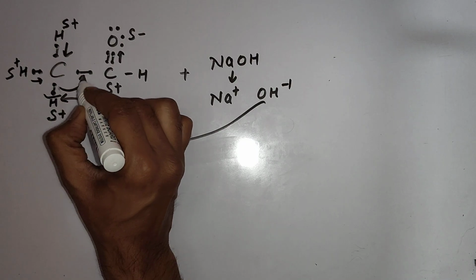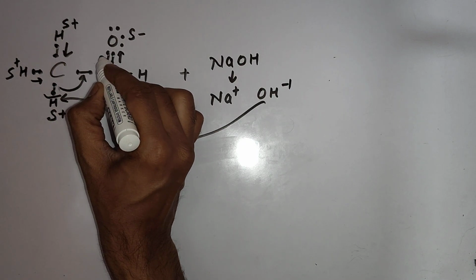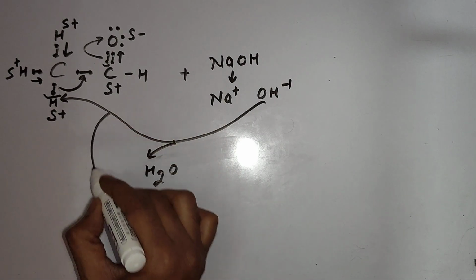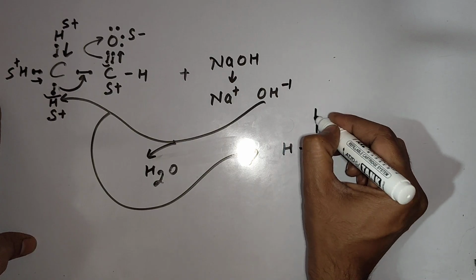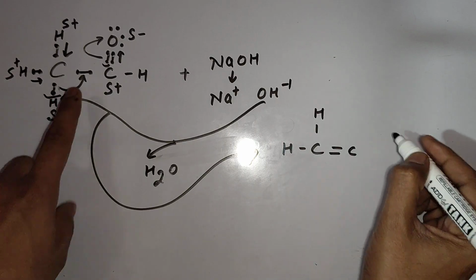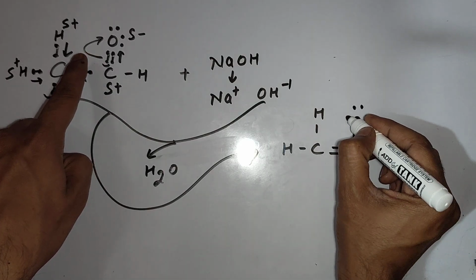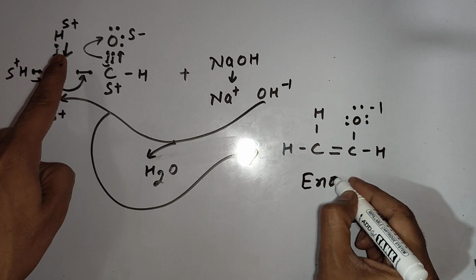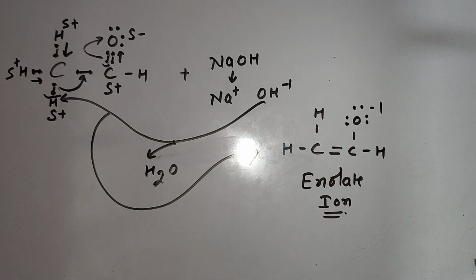Pi bond will break and electrons will shift toward oxygen, due to which this compound turns into this molecule. Double bond here. This oxygen will now get 3 pairs with a negative charge. Enolate ion.